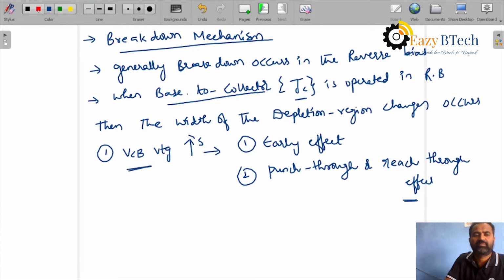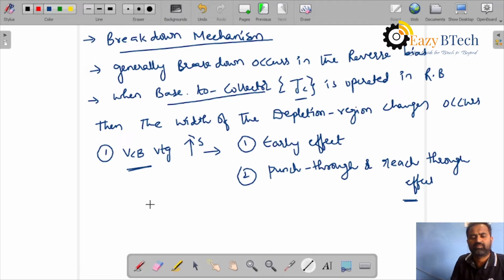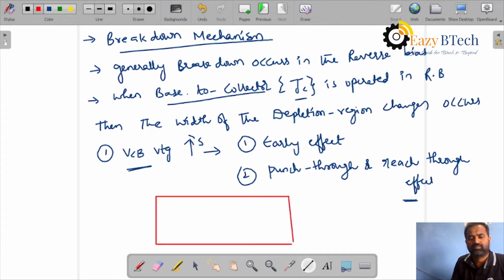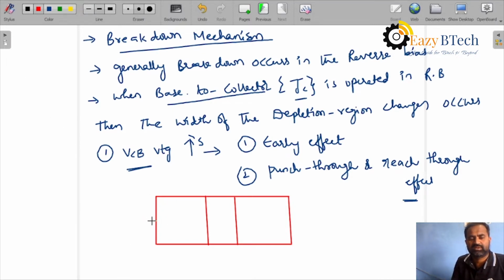Now you can see the polarities. Now the transistor is operated in active region.